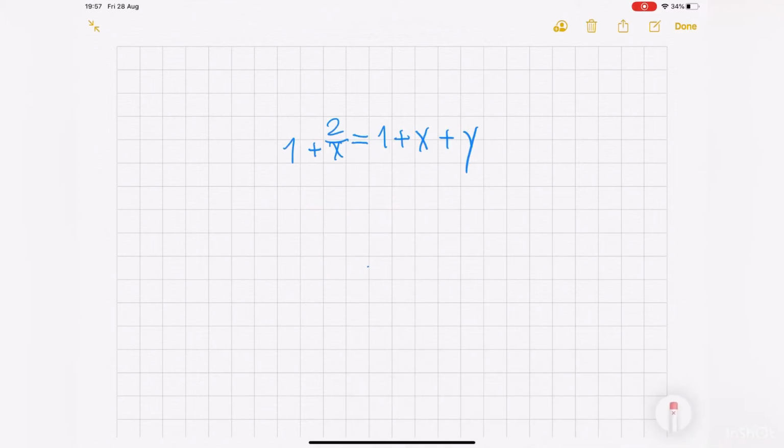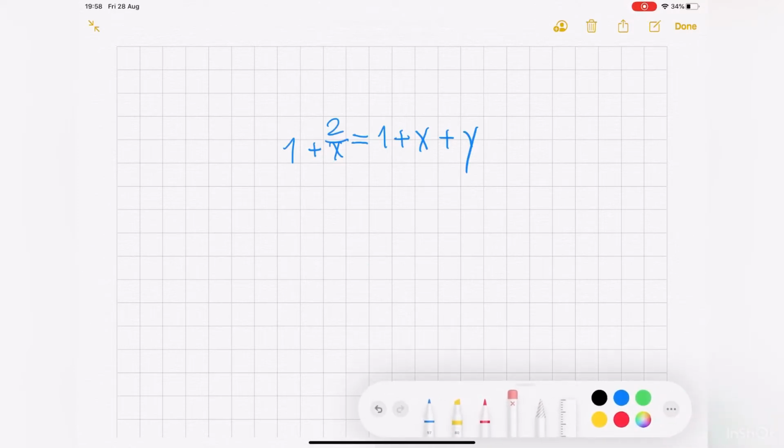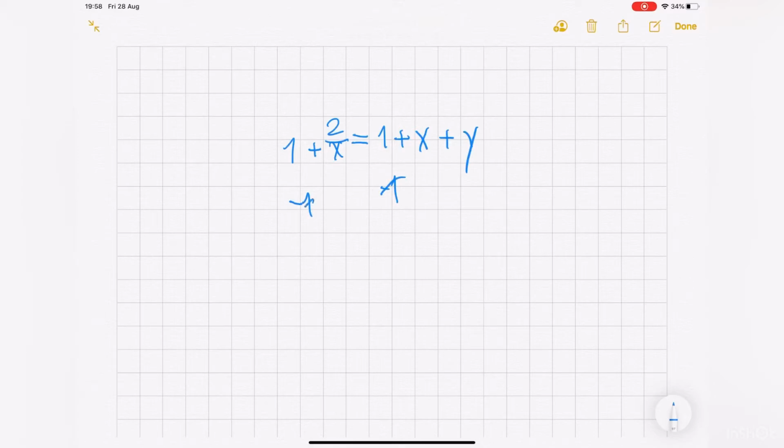So what we're going to do first is subtract 1 from both sides, which just means delete both ones, leaving x plus y equal 2 divided by x.